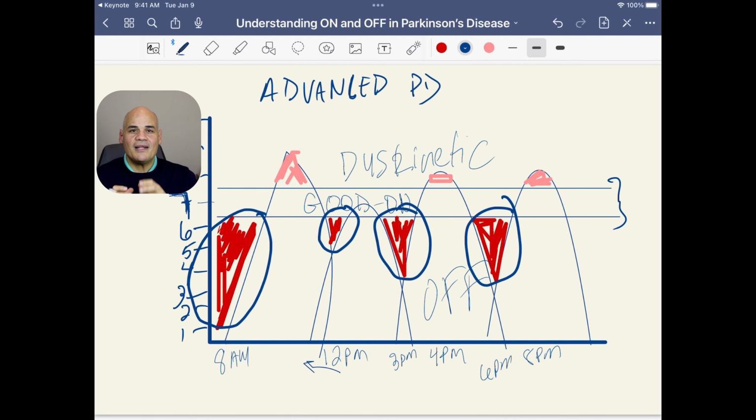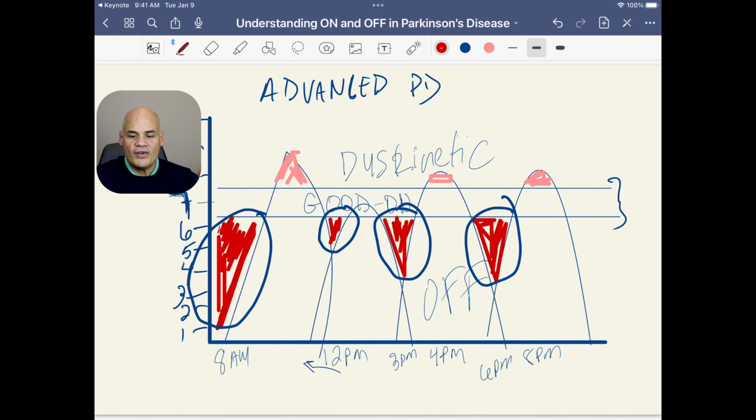So now you understand a little bit better why it is so critical to understand the on and the off medication state, because it gives you an idea about how much medicine and how much adjustment has to be made. We have patients that follow this very meticulously in much detail, and they tell me, well, doctor, from this time to this time I'm off, and then I turn on, and then I'm spending this amount of time in the dyskinetic state.